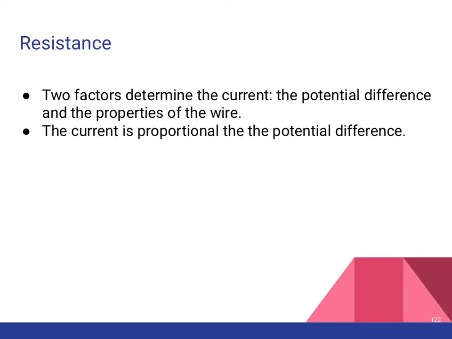So, two factors determine what the current is. And remember, current is our charge flow in a given amount of time. So there are two factors that determine what that current is. One is the potential difference, so the voltage of the battery, and the other is the physical properties of the wire.